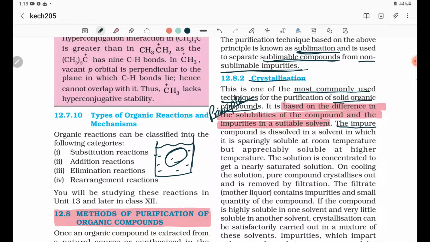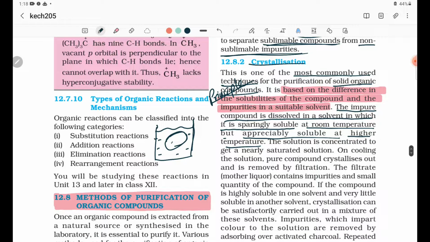The impure compound is dissolved in a solvent in which it is sparingly soluble at room temperature but appreciably soluble at a high temperature. The solution is concentrated to get a nearly saturated solution. On cooling the solution, the pure compound crystallizes out and is removed by filtration.